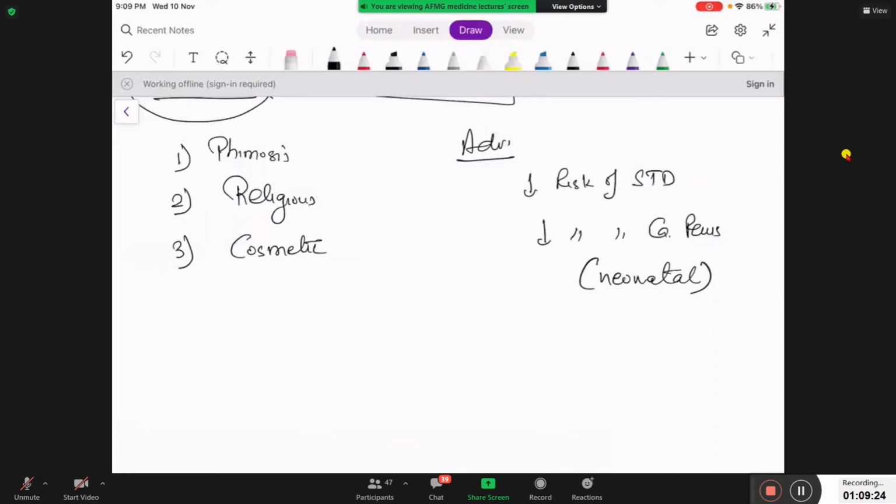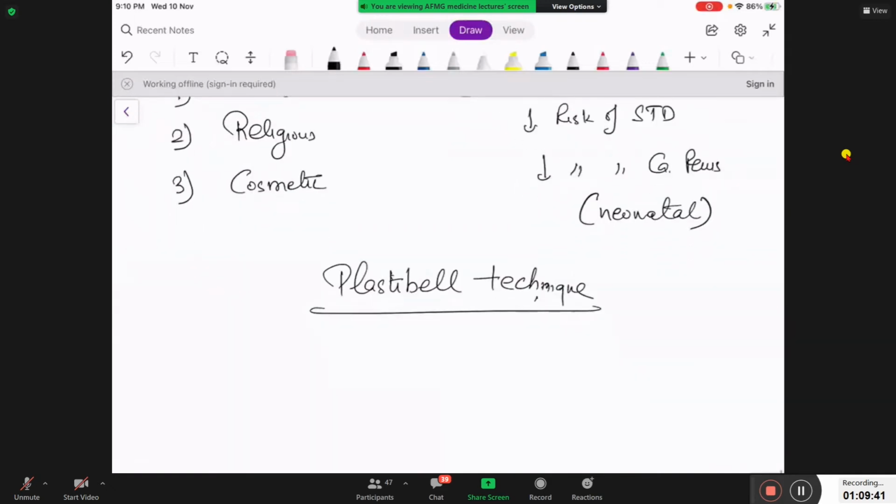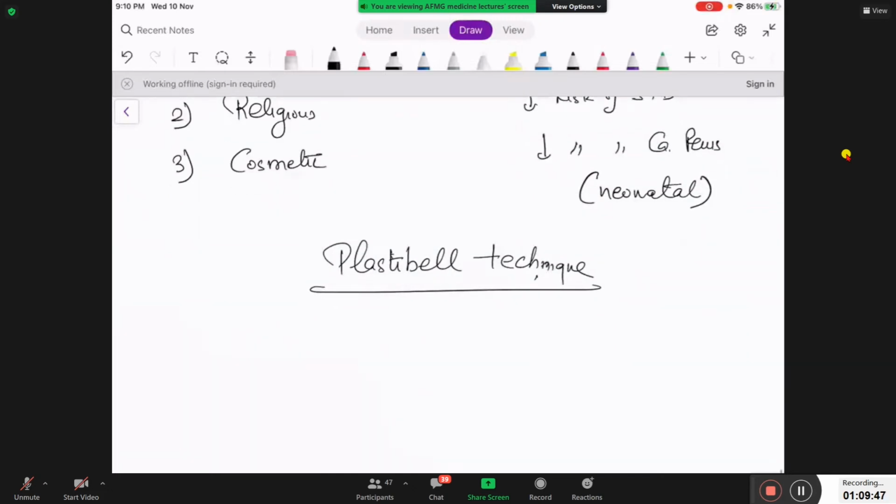You just need to know the technique of doing a circumcision, just the name required, called plastibell technique. So they can ask you, in which of the following conditions you do a plastibell technique, right? So this is what we need to know about phimosis and circumcision.